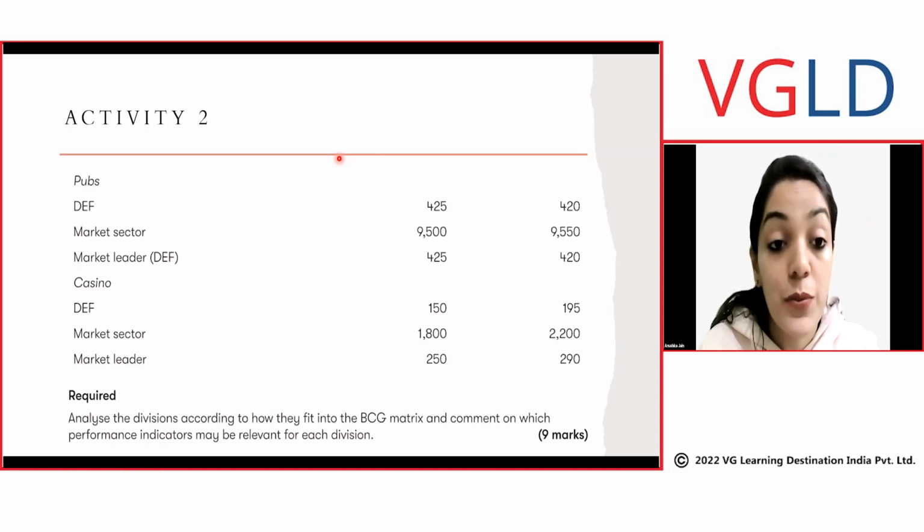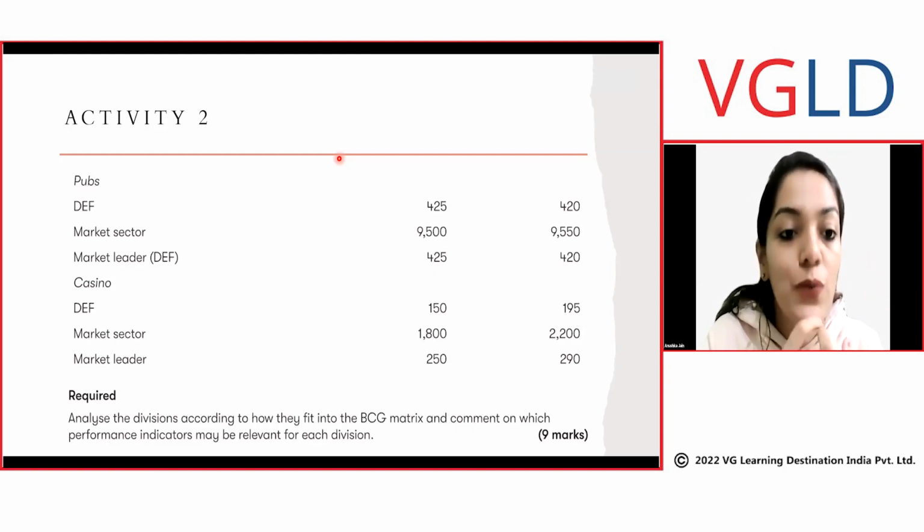And Shaldia, shall I try to improve your answer? You've just mentioned what would be the market growth, market share. Try to build on that answer, because APM answers, as you have seen, carry a lot of marks. You will have to develop that habit, how you would write in an exam. Okay, try it.